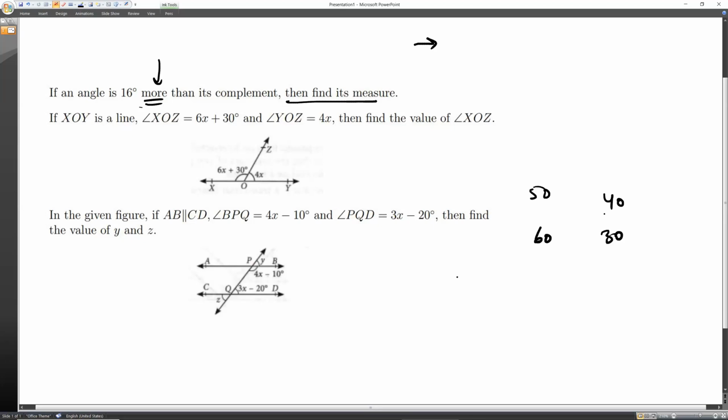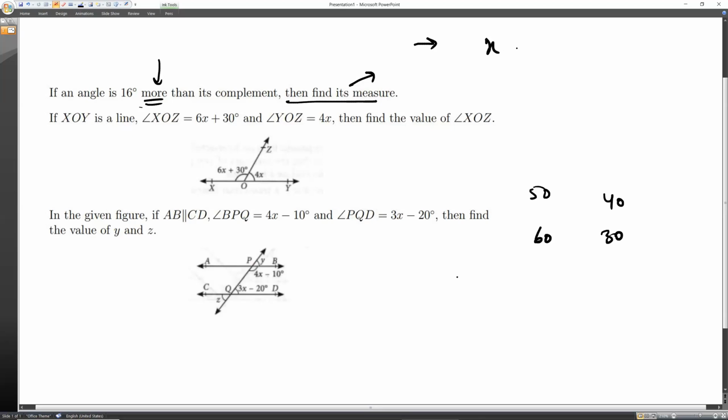Okay. So if some angle is 16 degrees more than its complement, find the measure of the angles. So what will be the value of its complement?